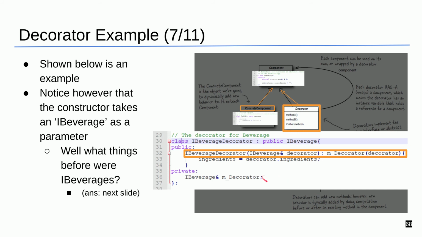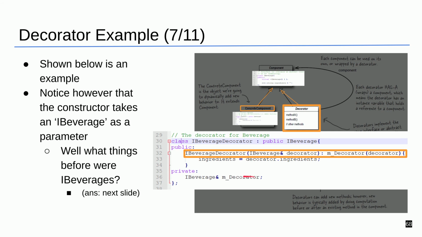Now here in our constructor, here's the decorator for our beverage, iBeverage decorator, again inheriting from iBeverage here. Notice that the constructor of our decorator takes in a beverage. It's private, so it's got a reference here to some other beverage that exists.